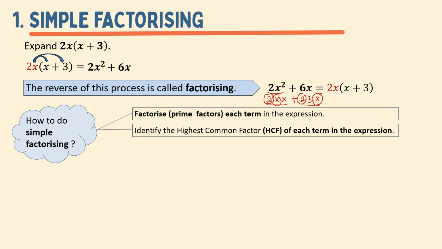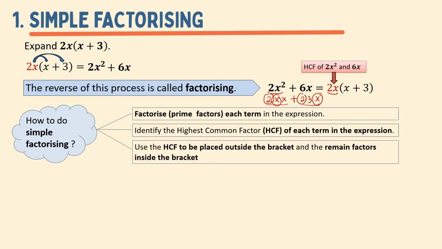So the HCF of 2x squared and 6x is 2x here. Okay, and after you find the HCF of the terms, place the HCF outside the bracket. So you just write 2x in front of the bracket.